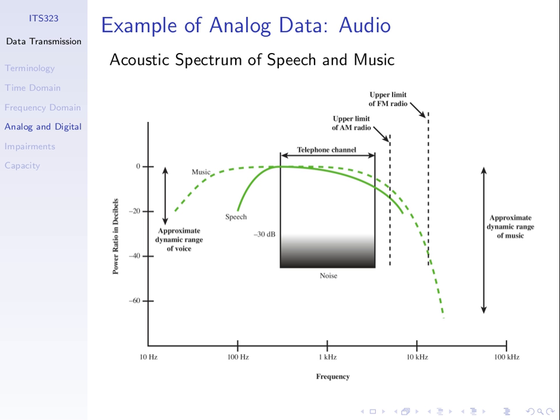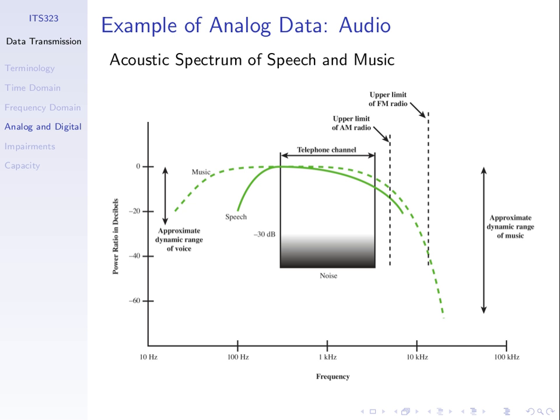What it's showing is that if we focus on the solid green line, that is the range of frequencies that typical speech uses. When someone talks, they're generating data at different frequencies. The typical range goes from around 100 Hertz up to around here, which is what? Because it's a logarithmic scale, maybe 9,000 Hertz.